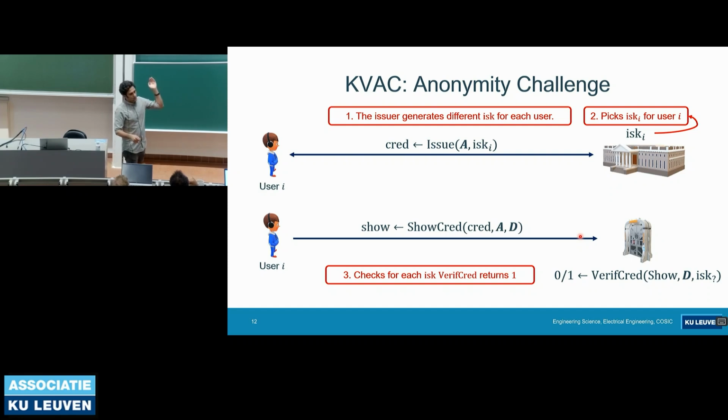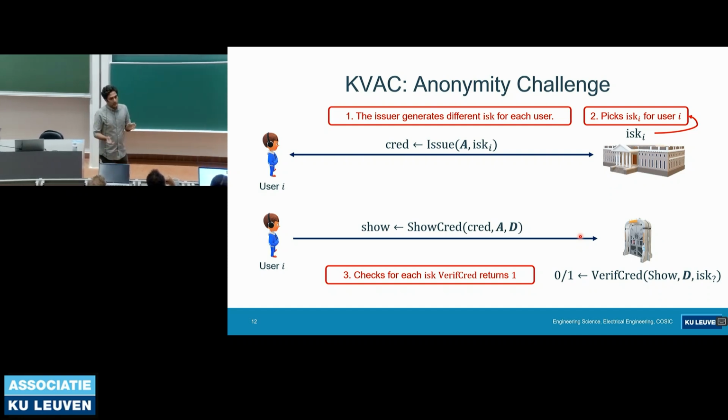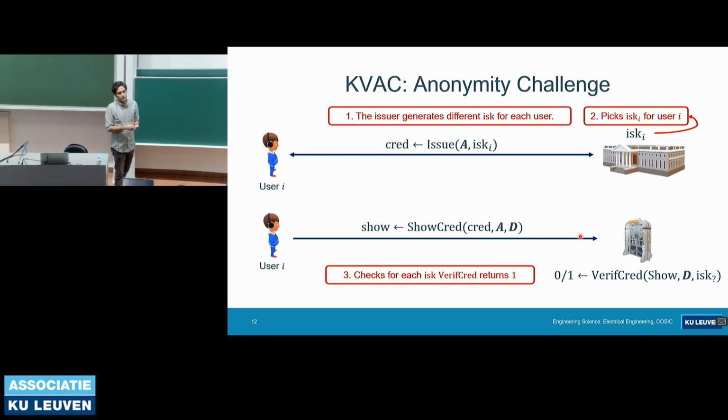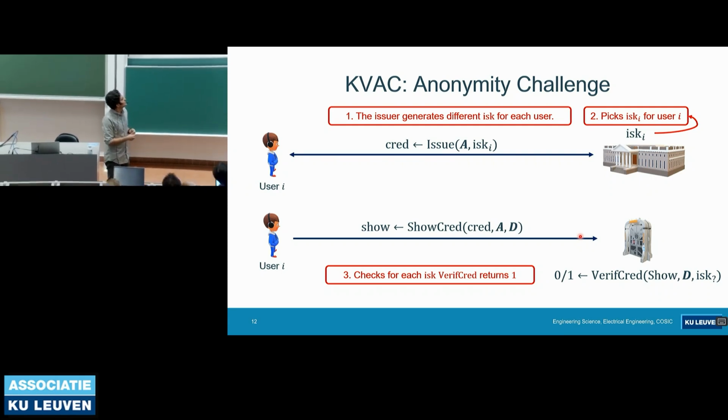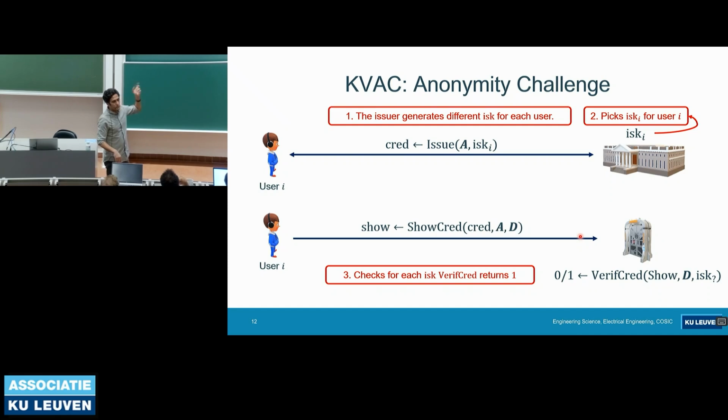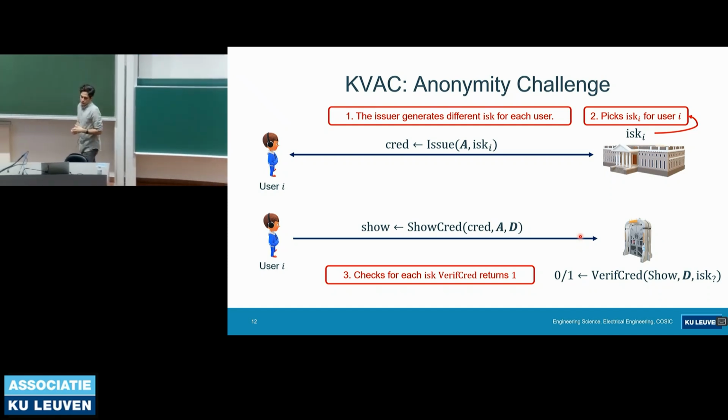It searches among all the ISKs it has used, and figures out for which one of these ISKs Verify Credential returns 1. And if he finds that, he can easily link the two, and he can understand, okay, this user was the one who showed the credential.